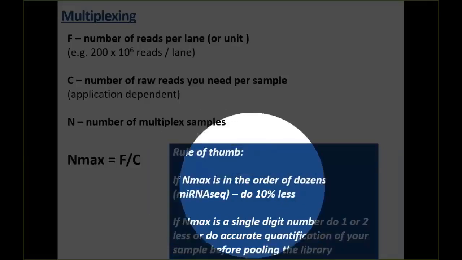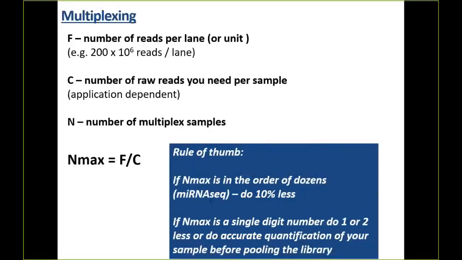That being said, follow this rule of thumb. If the number of multiplexing you can do is in the dozens, knock it down by about 10%. If it's a single digit number, for the example I gave, where I said I can multiplex 5x, I would actually multiplex it probably 4x. The reason for this is there's this law called Murphy's Law.